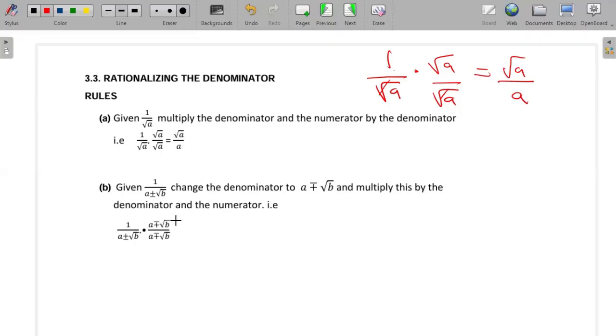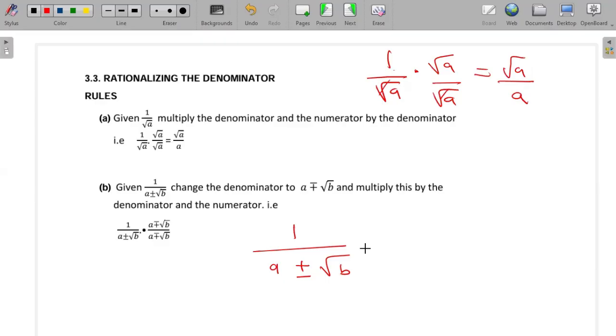Then this next rule is just telling us that when we're trying to rationalize something in the form of a number A plus or minus root of B like this, it can be plus, it can be negative like this. What you do here, you're going to multiply by its conjugate.